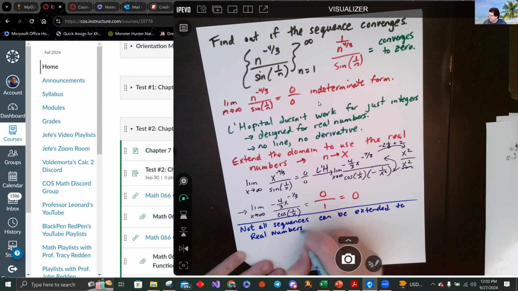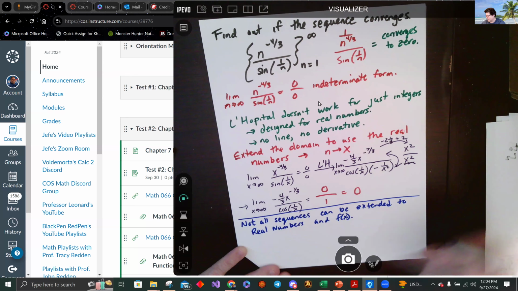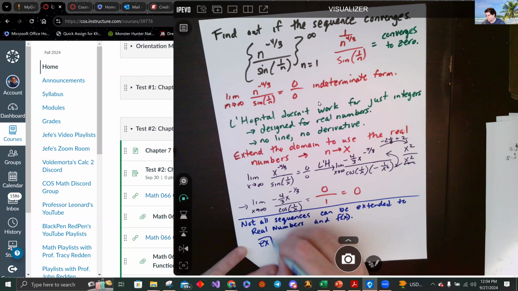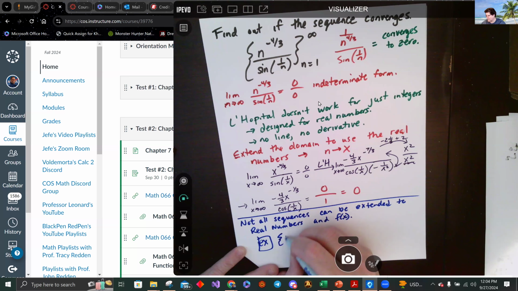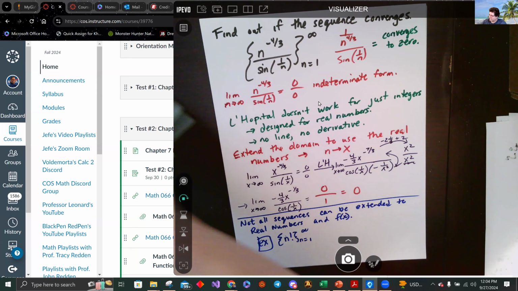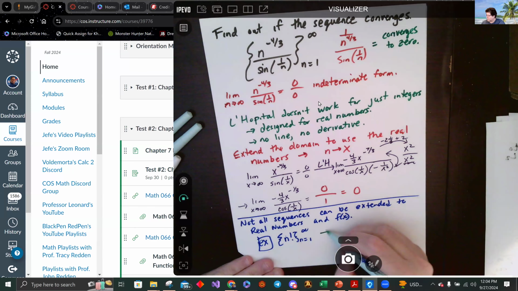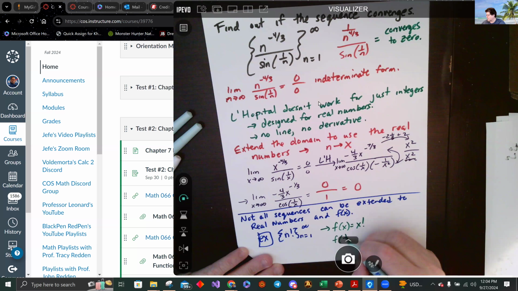For example, if we take n factorial from n equals 1 to infinity, if I try to do f of x equals x factorial, well, what about f of 1/3? 1/3 factorial is undefined.